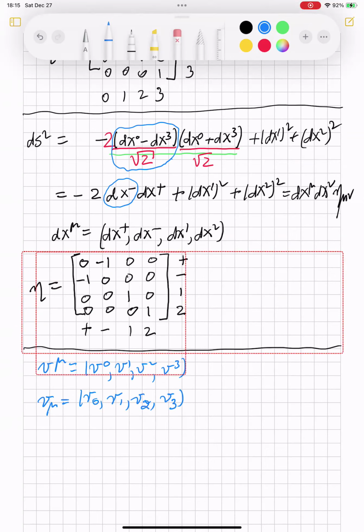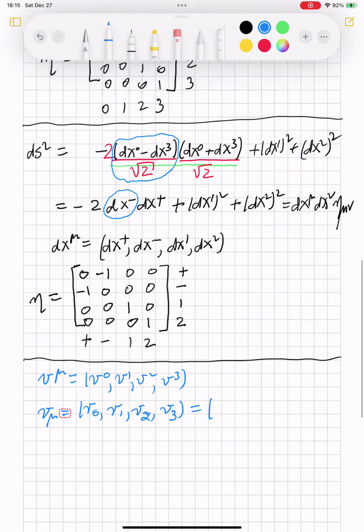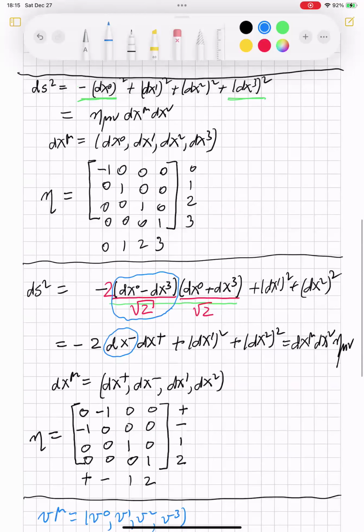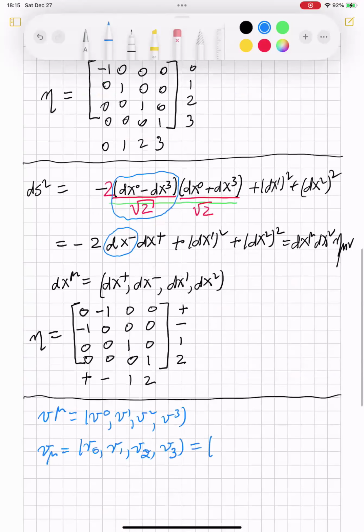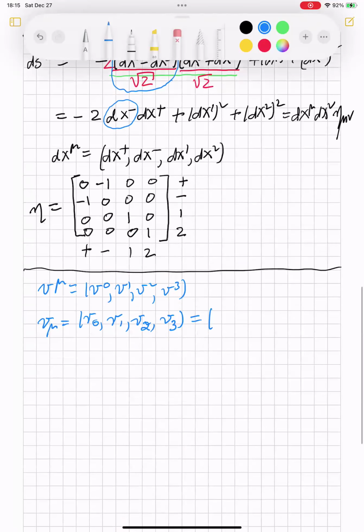But what is this equal to? Well, when we raise and lower the naught index, it costs us a minus 1 because of the form of the metric and because we're using the mostly plus convention. So we'll get a minus v0, we'll get a v1, a v2, and a v3.